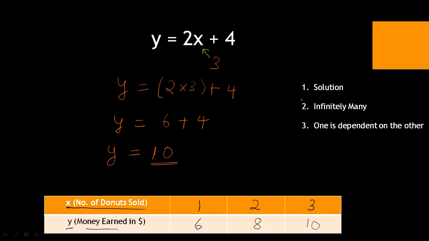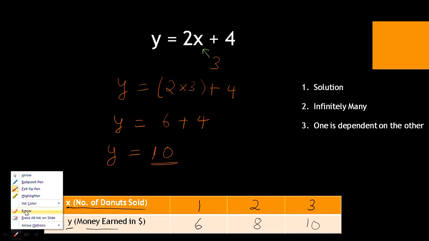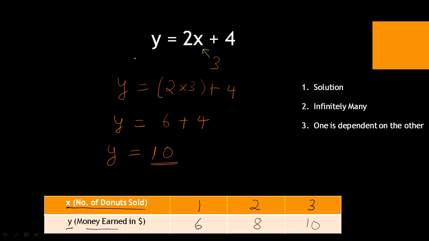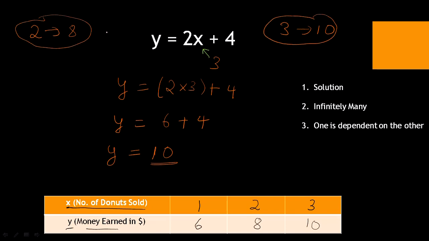Solution. What does the solution mean? Well, here we've talked about 3 different cases. So we've talked about a case where he sold 2 donuts and he's earned $8. We've also talked about a case where he sold 3 donuts and earned $10. These 2 cases are essentially solutions to this equation right here. What does that mean?